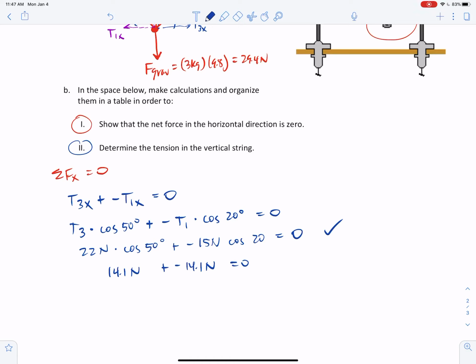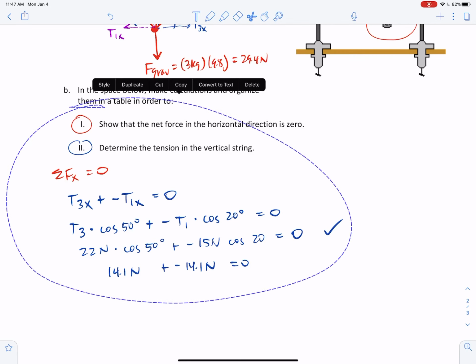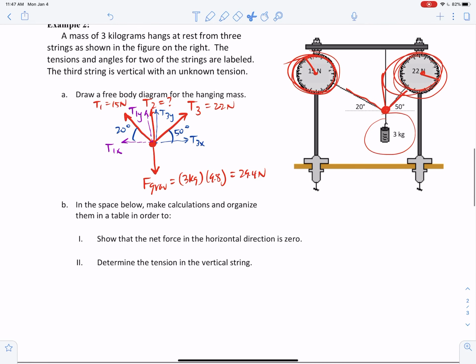Okay, let's try the second part, determining the tension in the vertical string. Let's try to clean up some of this mess.